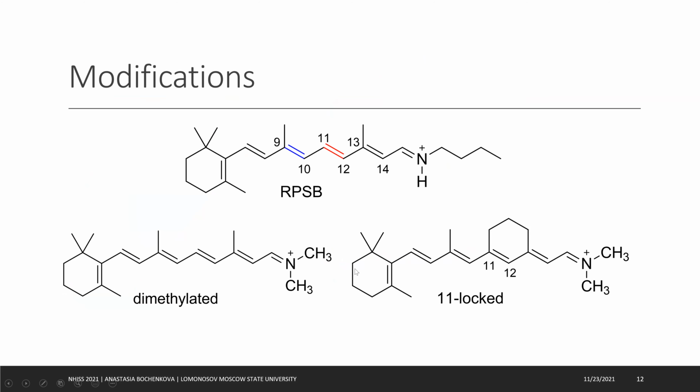We first just change the termination, which shouldn't actually affect the time scales much. And we would also like to lock the lowest energy pathway for the all-trans isomer. Because by locking the lowest energy pathway, one would think that the time scale will be longer and the lifetimes will also be longer. And now we will see what happens in reality.